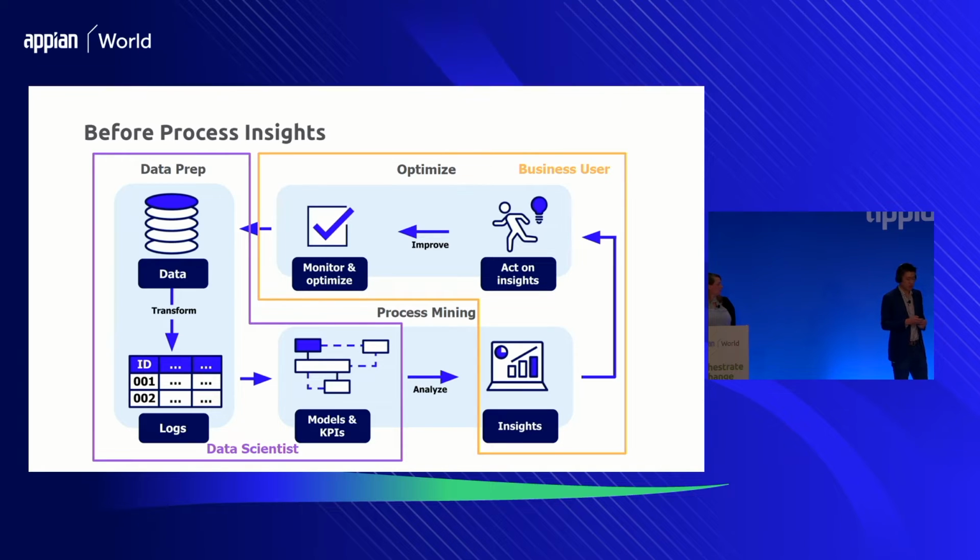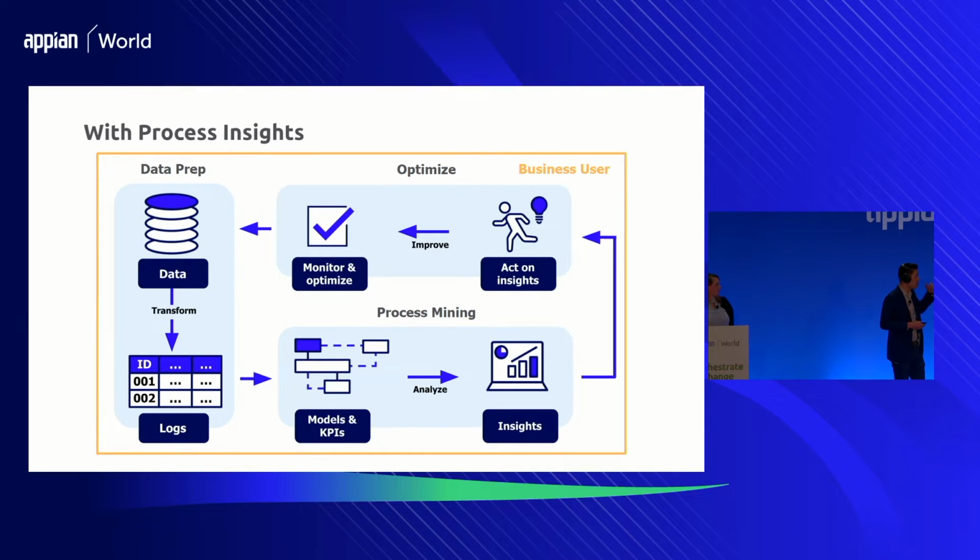What we are looking to do with this is really put all of these capabilities in the hands of business users. With Process Insights, we are taking the data scientists out of the equation for process mining. This is rather ambitious. There are some areas in the process mining space where there's simplification for certain use cases, maybe like order to cash or purchase to pay, if you're familiar with those.